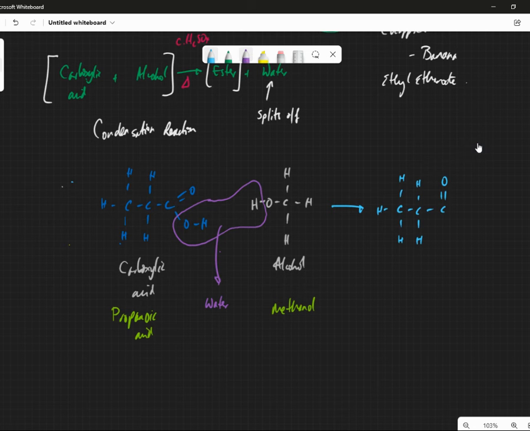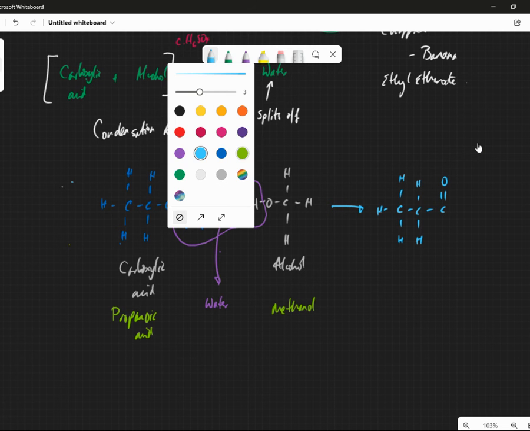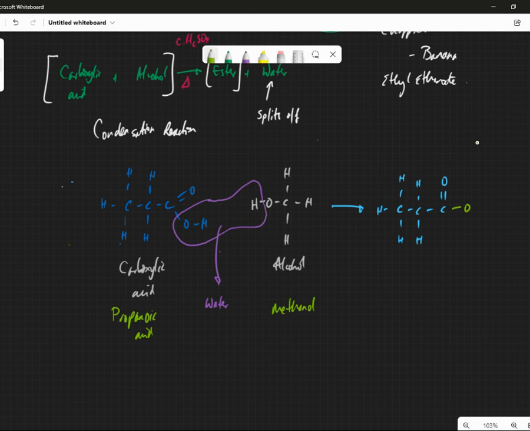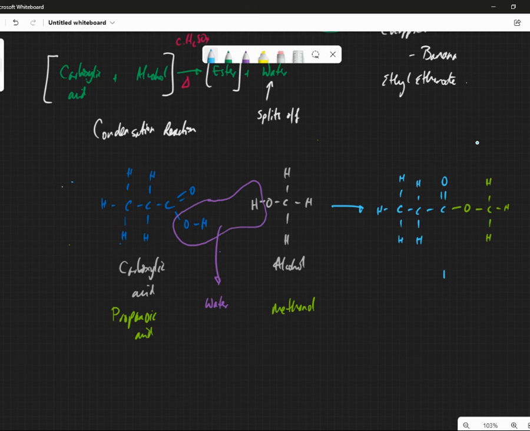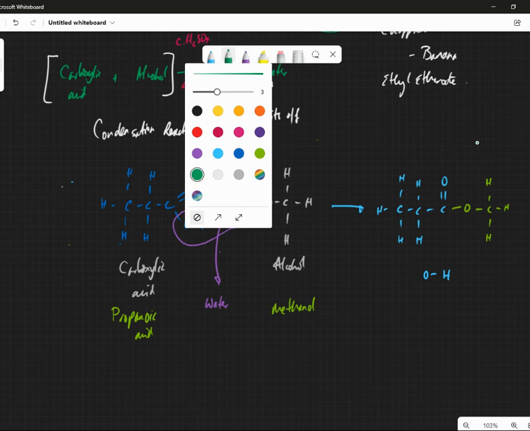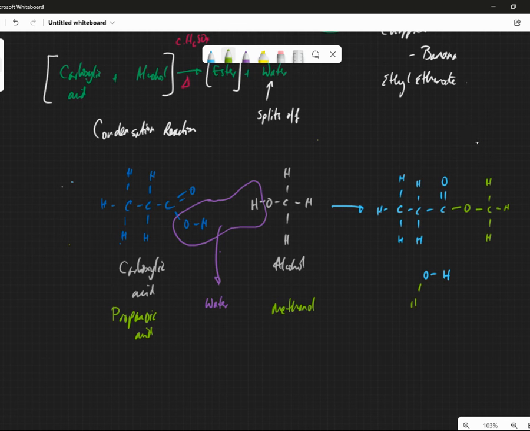So the next thing, let me do it a different colour so you see what I mean. Let's do it in this colour. Is the oxygen from the methanol. And what's given off? What's split off? Well, we have an OH from the carboxylic acid and what colour do I use this one? And the H from the water, and that's the water. That's what splits off. And this new thing, as you can see, we've created this functional group I mentioned up here, and this new thing is an ester.